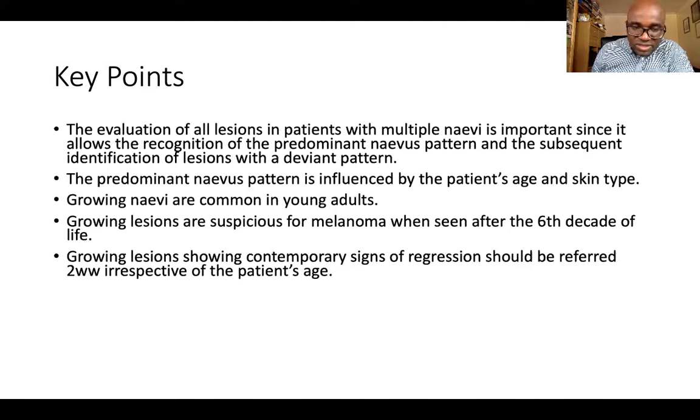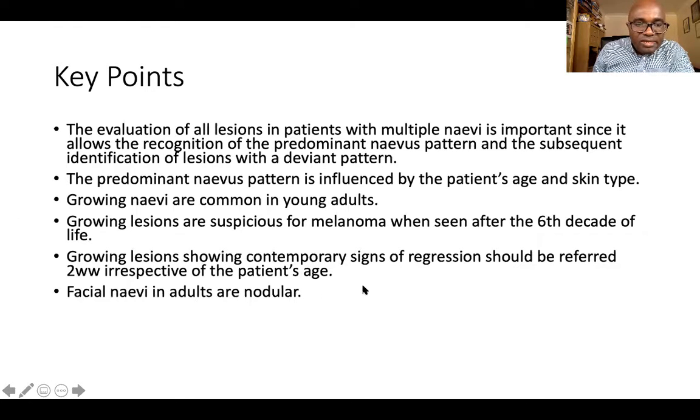Growing lesions showing contemporary signs of regression, which is scarring and fibrous changes, need a 2-week wait, irrespective of the patient's age. Again, facial nevi in adults are normally nodular, so of the Meshins type.